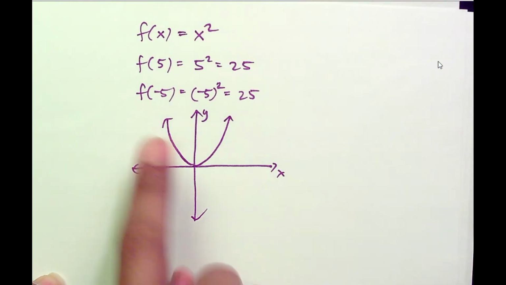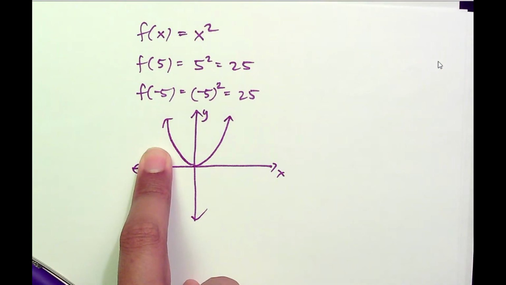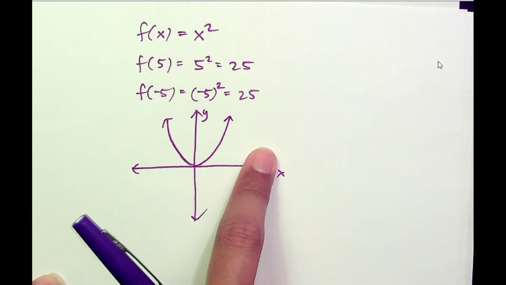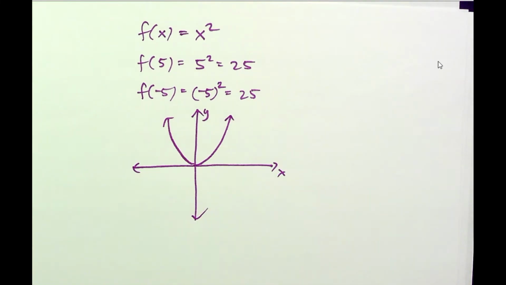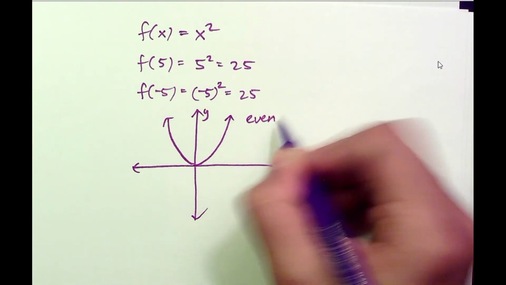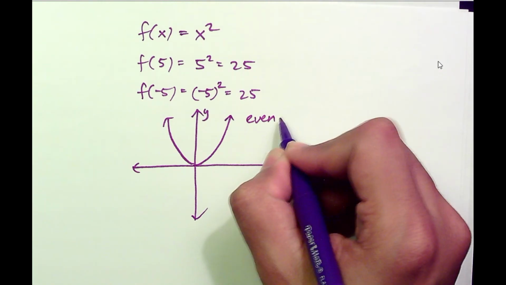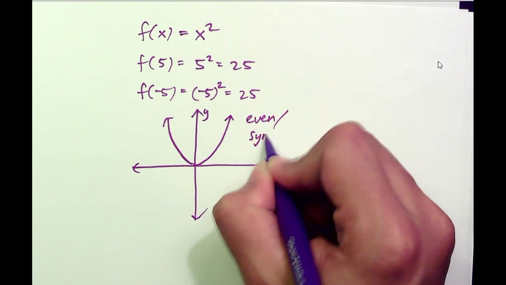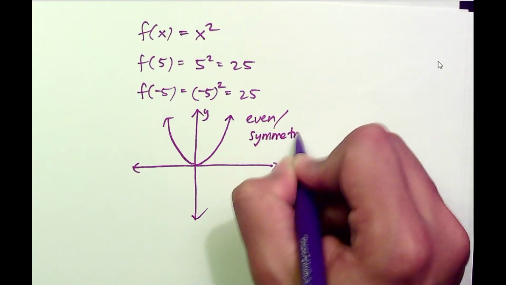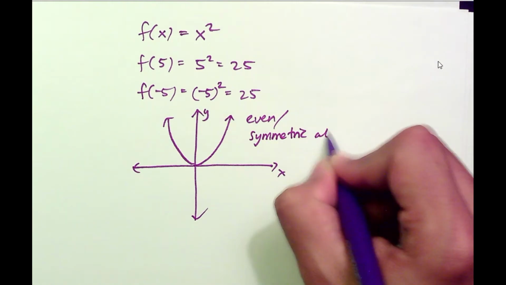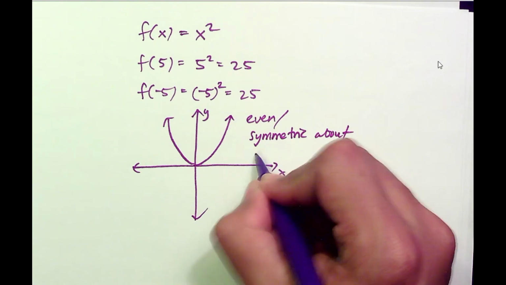Okay, so the side that is to the left of the y-axis is the mirror image of the side that is to the right of the y-axis. So it's basically symmetric about the y-axis. So even, or symmetric, about the y-axis.